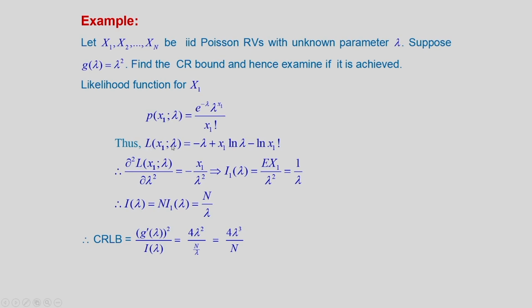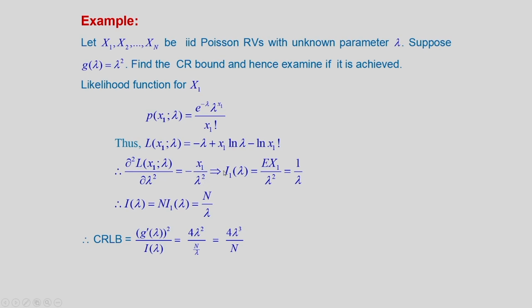Thus, taking the logarithm, the log likelihood function of x1 will be equal to minus lambda plus x1 into log of lambda minus log of x1 factorial. And if we take the second order partial derivative with respect to lambda, we will get del 2L / del lambda square equal to minus x1 by lambda square.